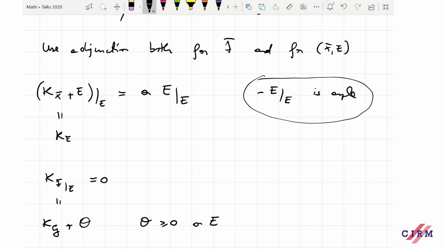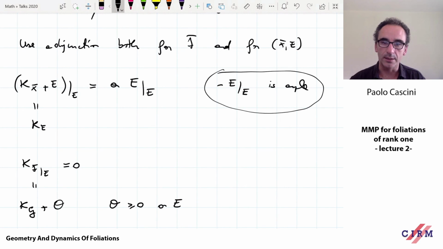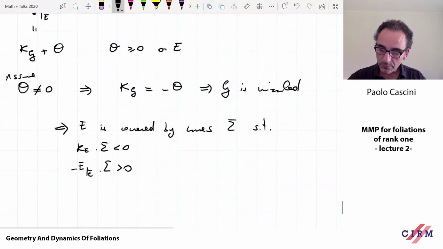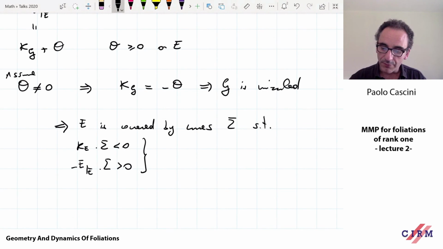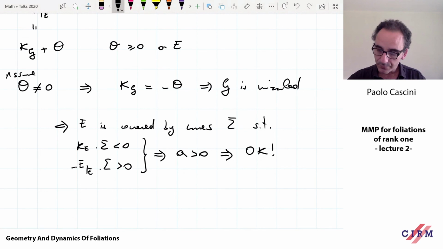K G is exactly equal to A E restricted to E. So by using these two facts, it follows, I mean, it's just arithmetic, if I didn't make a mistake, that A is bigger than 0, which implies that basically the log discrepancy is positive. So in other words, in this particular case, we got what we want.